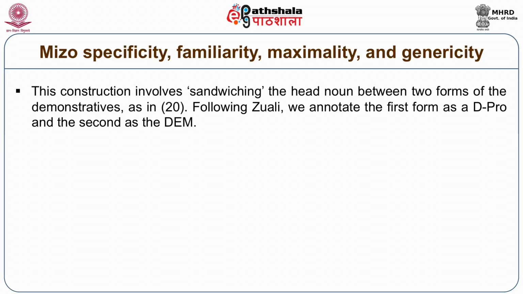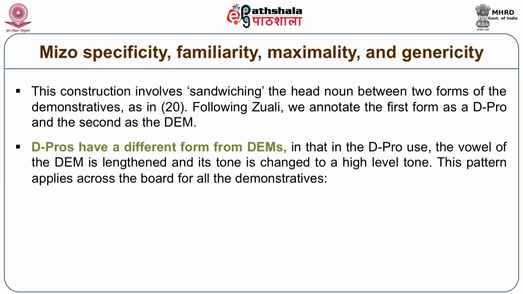She refers to the first demonstrative as a deep row and the second as the demonstrative. Deep rows have different morphological forms from demonstratives. As in the deep row use, the vowel of the demonstrative is lengthened and its tone is changed to a high level tone. All demonstratives can participate in this construction.